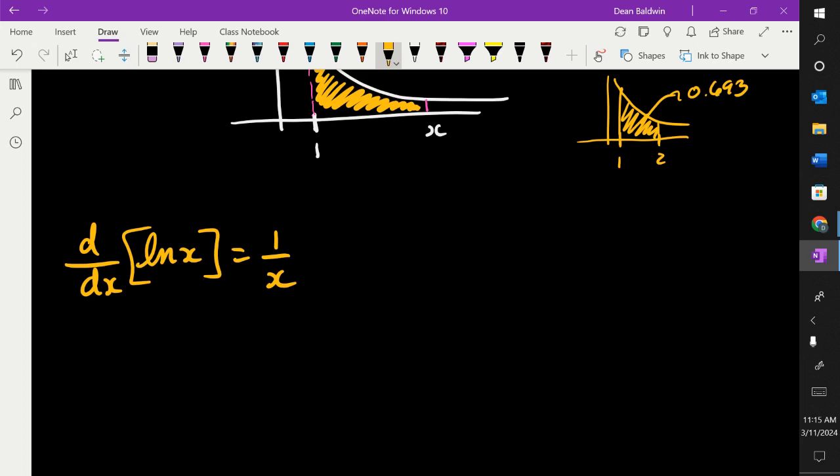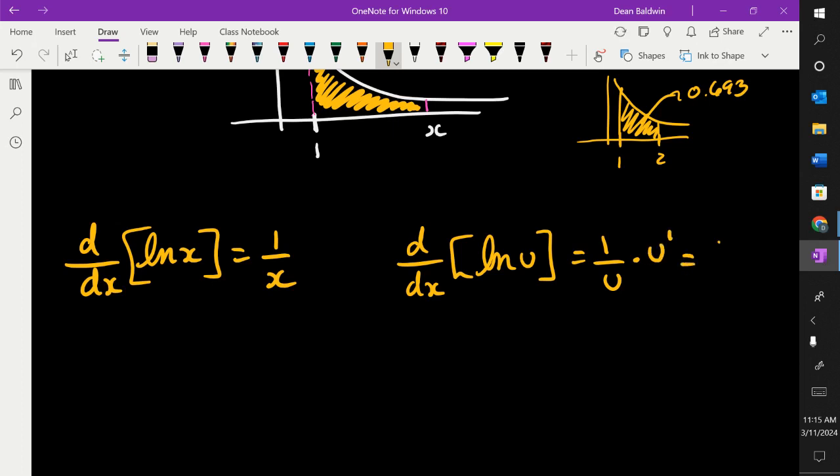That's the simplified version. This is the one you're going to use more often. The derivative of the natural log of u, where u is some function, is 1 over u times u primed.